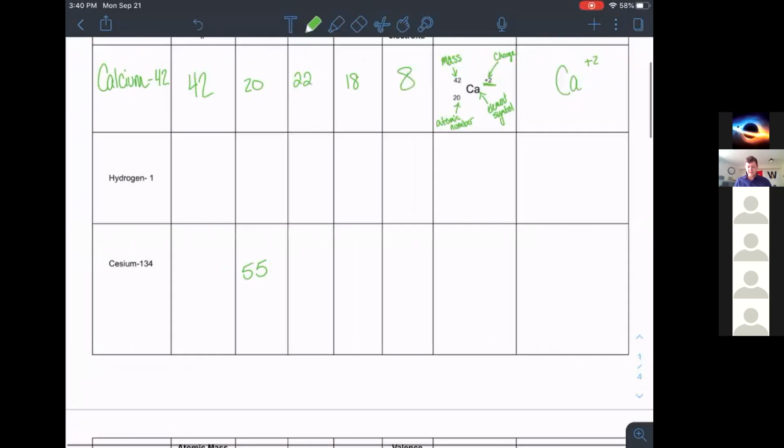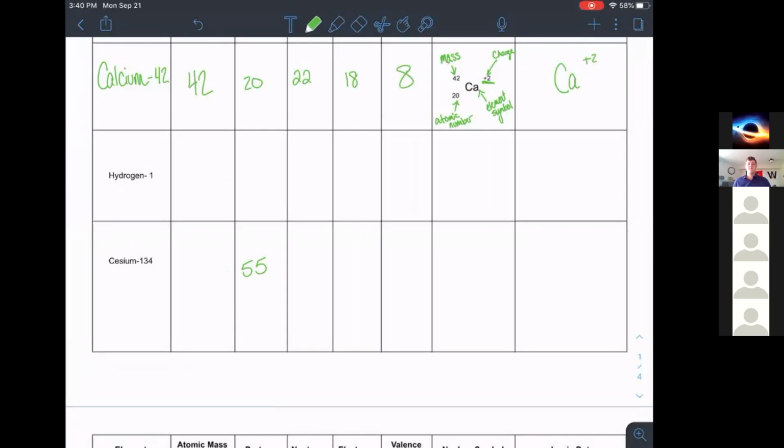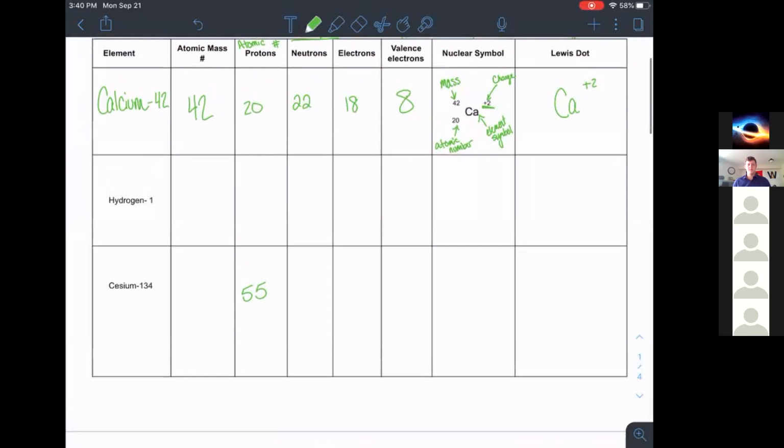All right. What else do I know right now? The atomic mass. The atomic mass, which is? 134. Perfect. 134 right from here. Our mass number. All right. What about neutrons? Do I know the number of neutrons, or can I find the number of neutrons? 79.